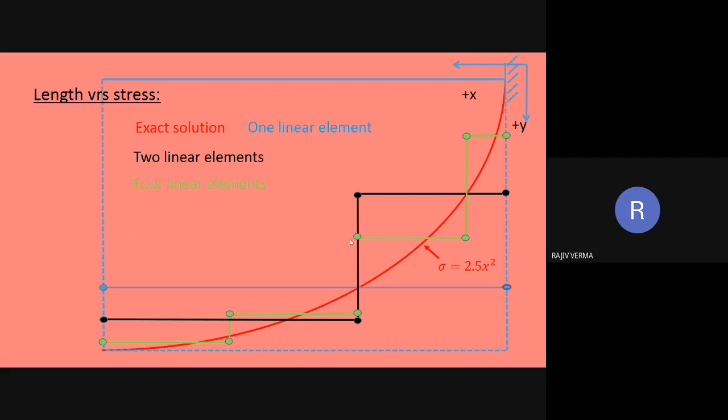The next point is going to be clear when you see the solution for a two-noded element.